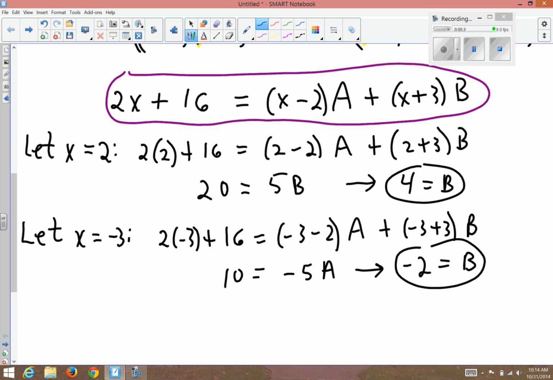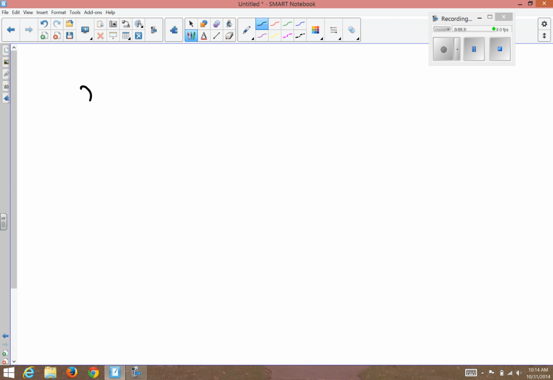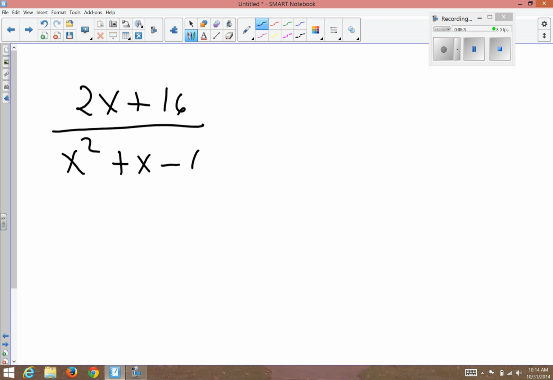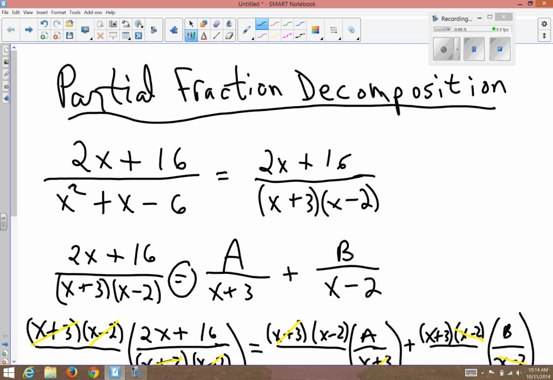So here's what we mean by partial fraction decomposition. We had a fraction, 2x plus 16 over x squared plus x minus 6, and we decomposed it. It's the same as a over x plus 3.